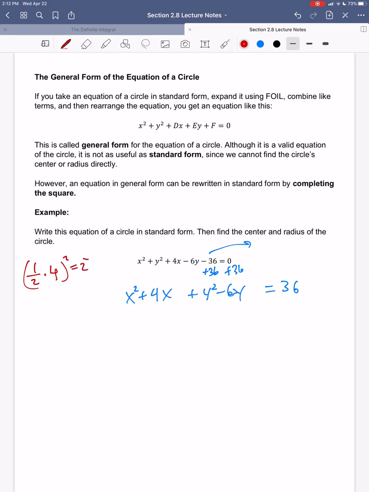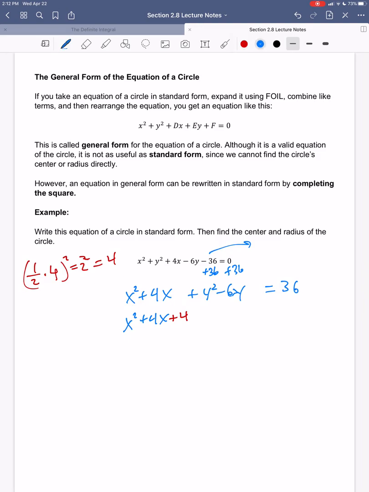That's going to be 2 squared. Two squared is not 2, 2 squared is 4. So I get x squared plus 4x plus 4.